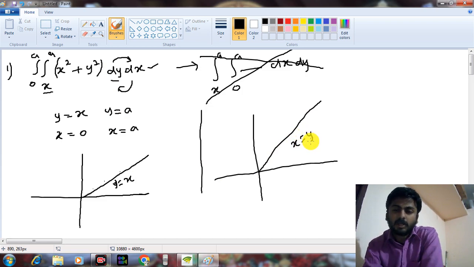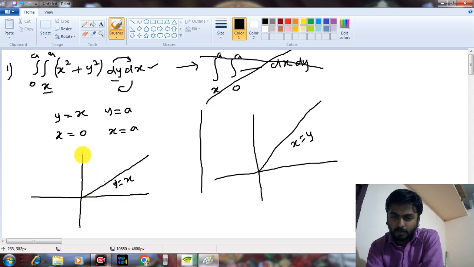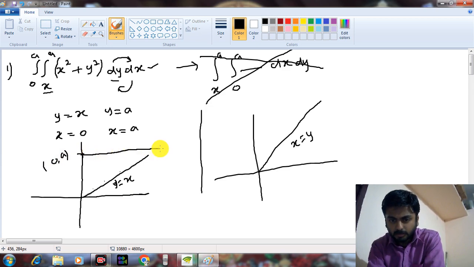Then the second thing, y equal to a. If I take x equal to a, it will be parallel to the y axis. If I take y equal to a, it means x is 0, that is the point 0 comma a. It will be like this.